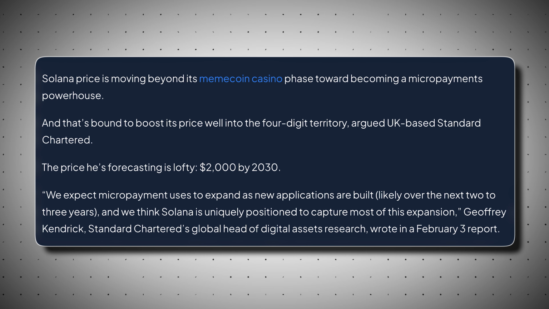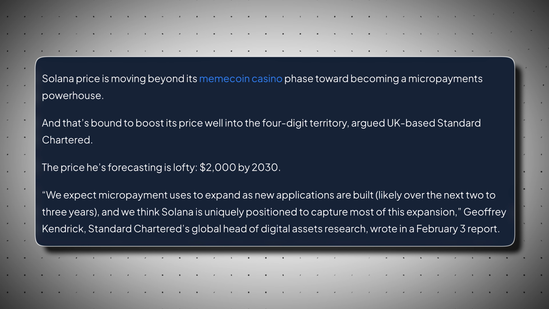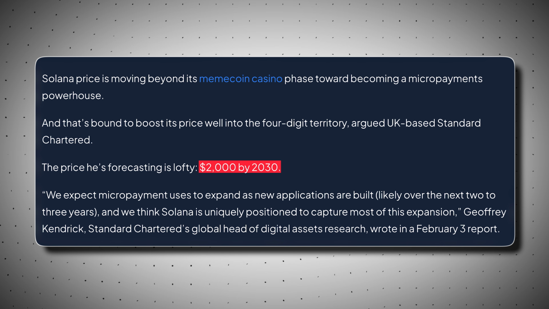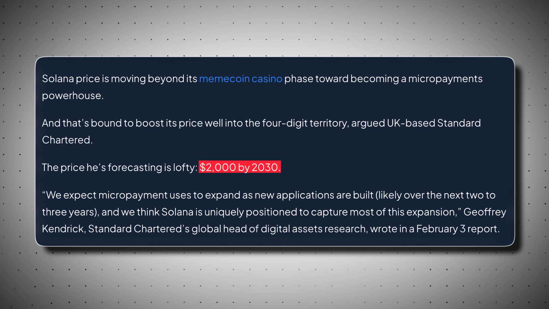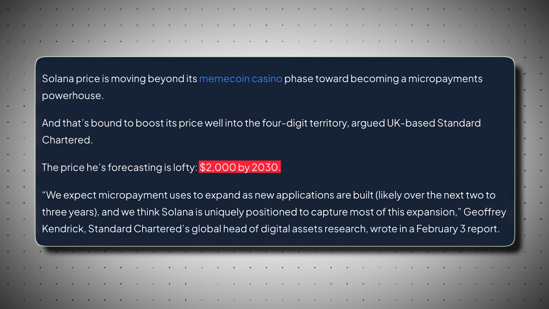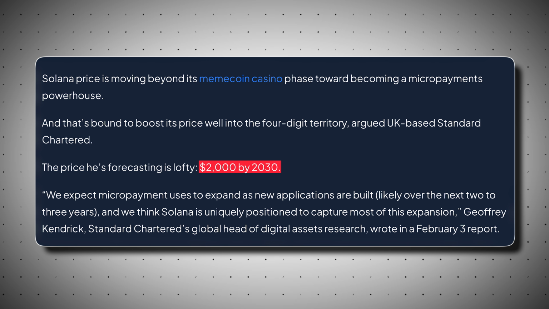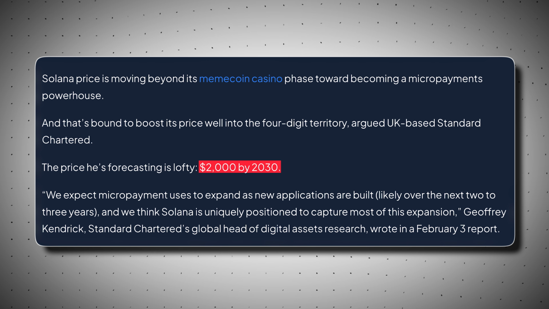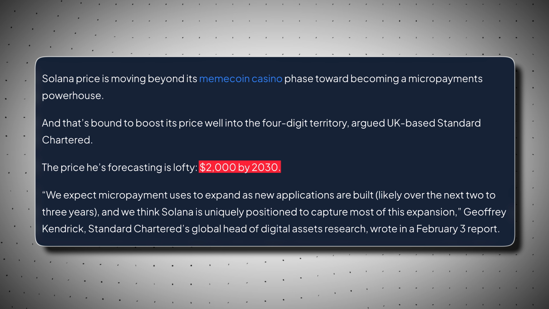And case in point, Standard Chartered recently forecast that SOL could hit $2,000 by 2030, saying that, quote, "We expect micropayment uses to expand as new applications are built, likely over the next 2 to 3 years, and we think Solana is uniquely positioned to capture most of this expansion."